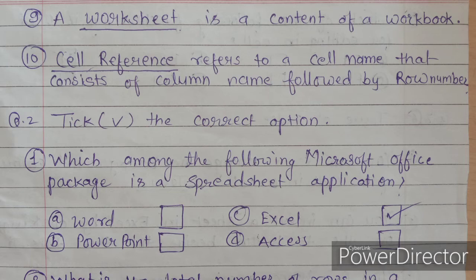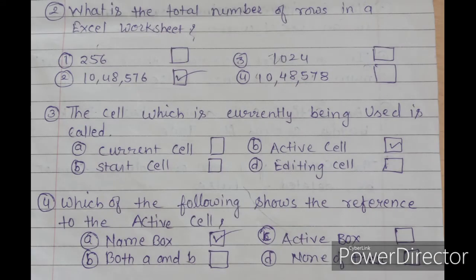Next, choose the correct option. Which among the following Microsoft packages is a spreadsheet application? That is Excel. What is the total number of rows in Excel? That is 10,48,576.